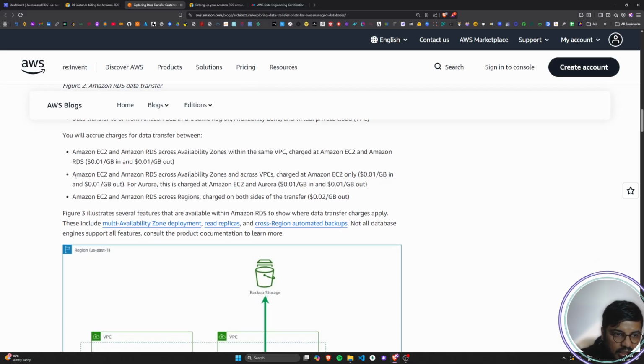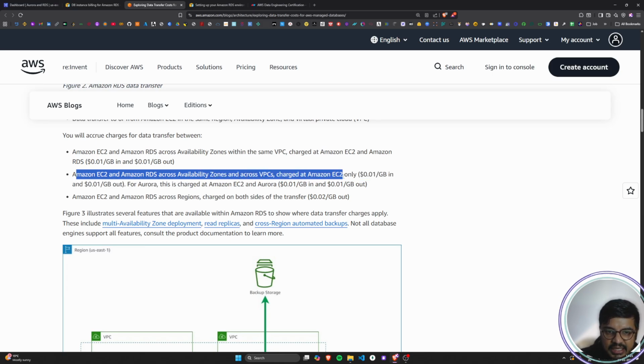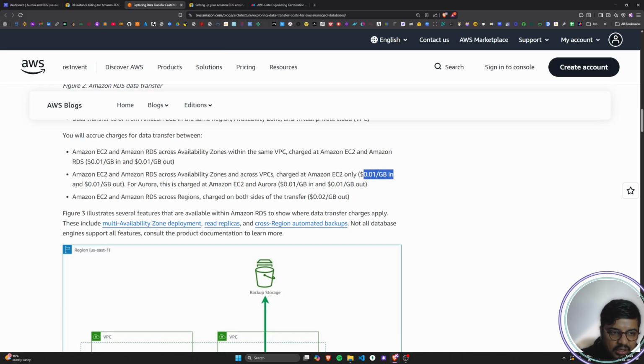For Amazon EC2 and RDS across the same availability zone but across VPCs, it is charged at Amazon EC2 only, that is $0.01 per GB per month for both inbound and outbound. For Aurora, this charge is at Amazon EC2 and Aurora at $0.01 per GB for both inbound and outbound.